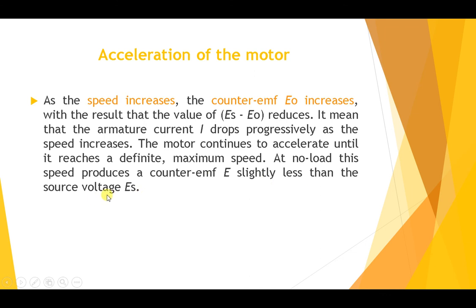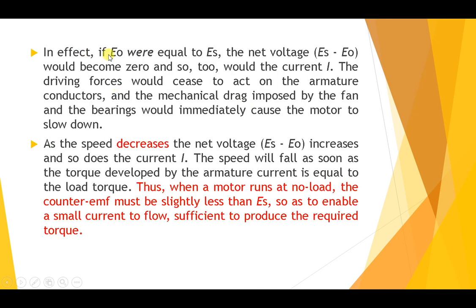In effect, if E naught were equal to ES, now suppose a position when E naught becomes equal to ES, the net voltage ES minus E naught becomes 0, and so too would the current I. The driving force would cease to act on the armature conductors, and the mechanical drag imposed by the fan and the bearing would immediately cause the motor to slow down or stop.